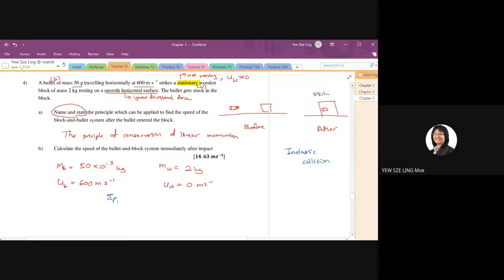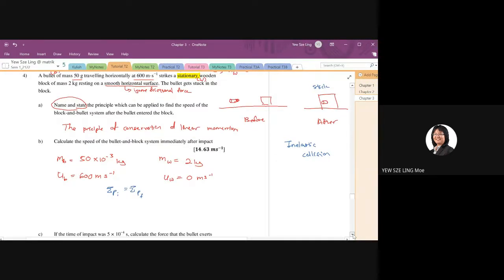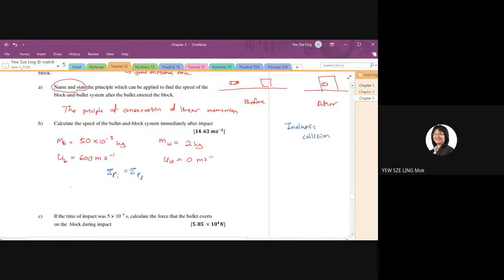Next I'm going to calculate. Summation P initial equals summation P final. What happens now? I have MB UB plus MW UW equals, because they stick together, MB plus MW times V. So you need just one velocity.